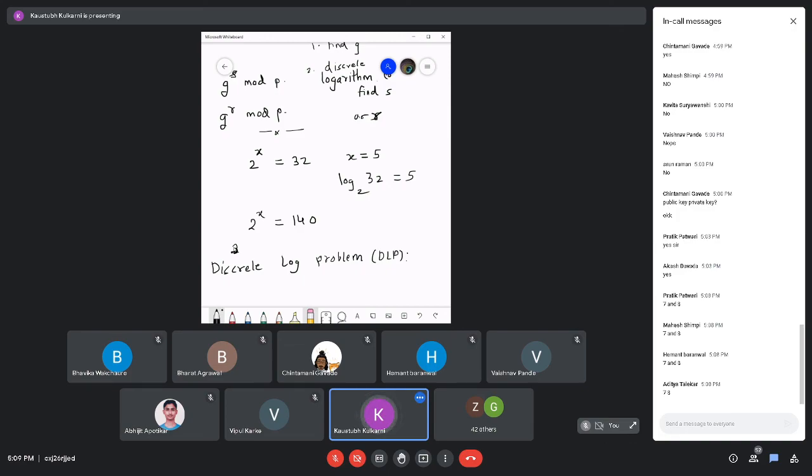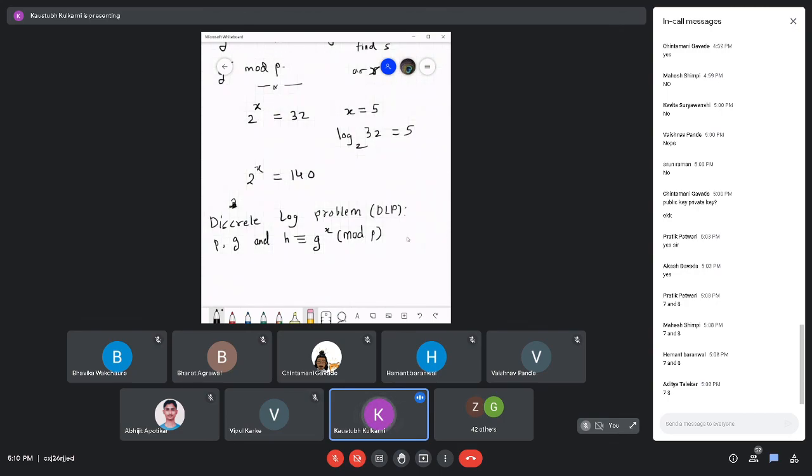The problem is that given a prime p, a primitive root g, and h, where h is the value of g raised to x mod p. It can be g raised to s mod p, or g raised to r mod p. It is h.